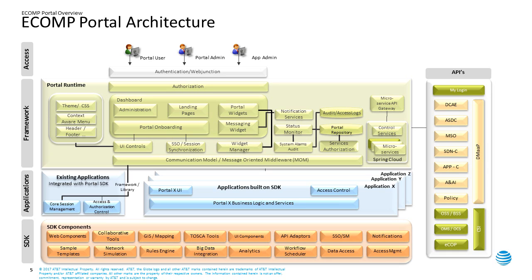One of the major advantages of this framework architecture and this layered approach is it allows applications to be developed using either the ECOMP Portal SDK or any other SDK as long as they can integrate into the framework portal.